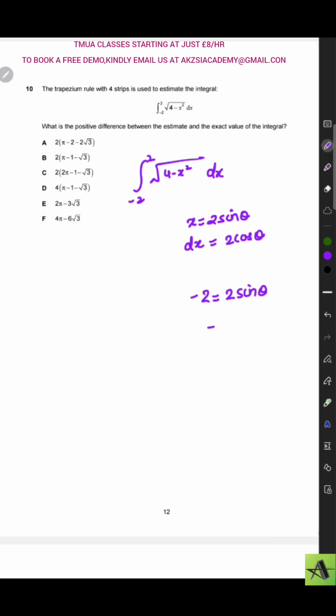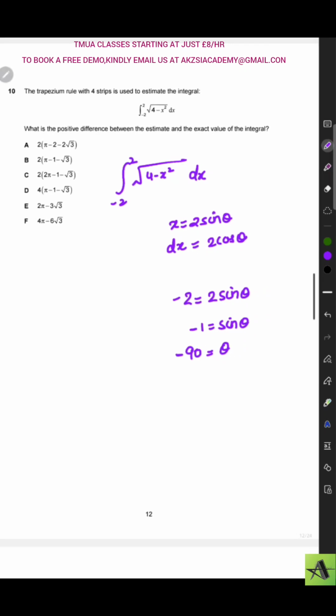That means negative 1 equals sine theta, and on taking the inverse, because now everything has been converted to theta, the limits will also be converted into theta. Sine inverse negative 1 will give me negative 90. Then similarly for the upper limit, sine theta is 1.